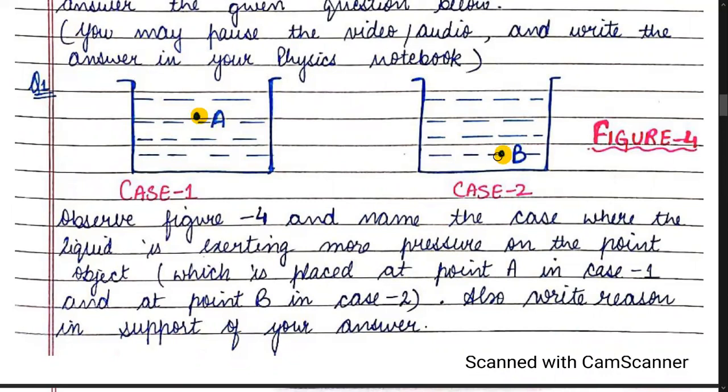So children, you have to tell me, you write down in your notebook also, where pressure is more, at point A or at point B, if you are having containers of same sizes and having same liquid inside it. And also write the reason in support of your answer.